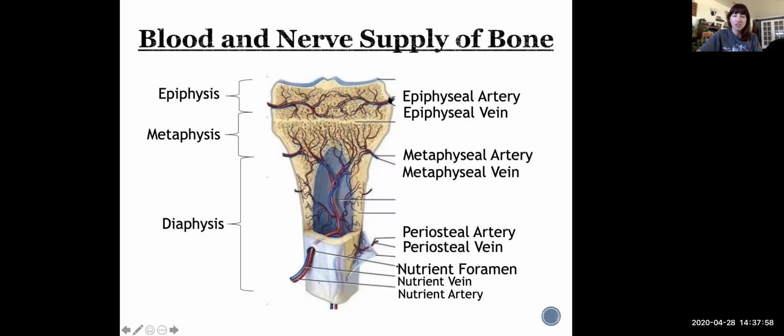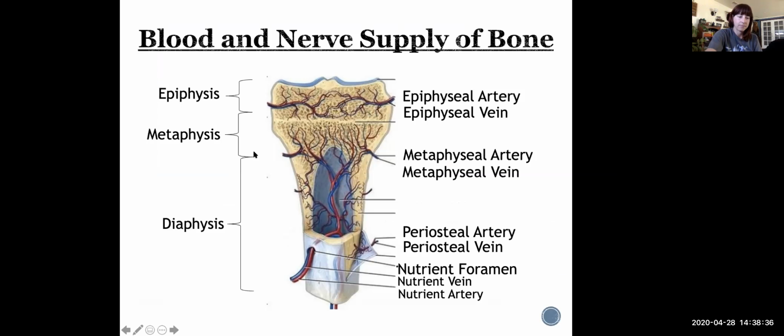So you've got the oxygen and nutrients going to the spongy bone tissue in the case of the epiphyseal artery. And then once all of those nutrients and oxygen are used up by the spongy bone tissue, then the epiphyseal vein is going to take away the waste and the blood to go and get more oxygen and nutrients. So just know artery versus vein. Artery is taking nutrients in, vein is taking wastes out. So arteries are generally red and veins are generally blue.